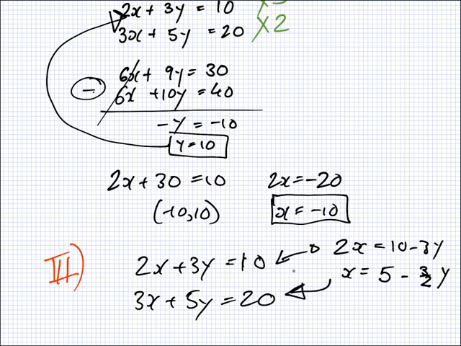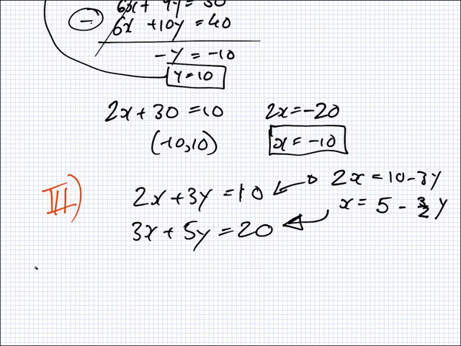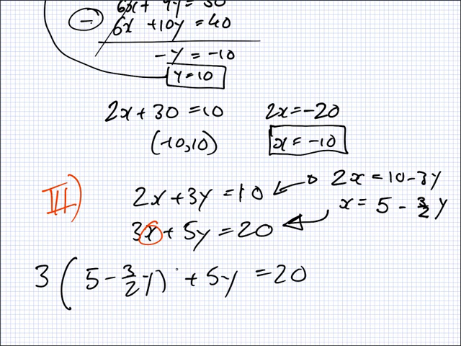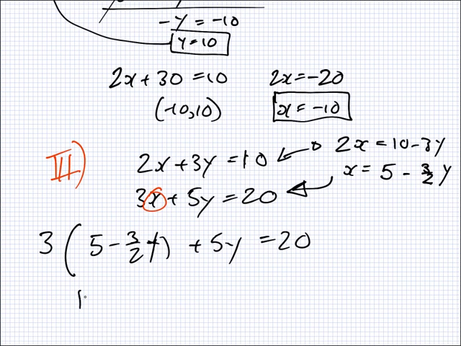Substitute it in. So now we get 3 bracket 5 minus 3 over 2y because we've replaced the x. Plus 5y equals 20. 15 minus 9 over 2y plus 5y equals 20.